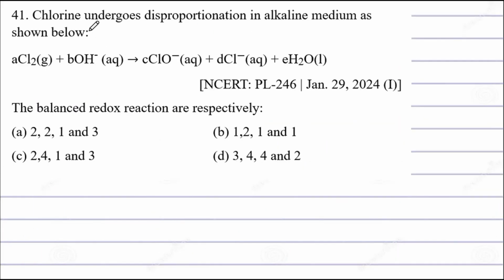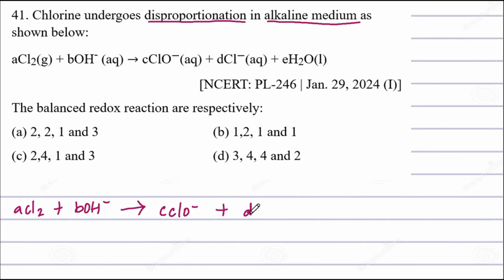Next question is, chlorine undergoes disproportionation in alkaline medium as shown below. aCl2 plus bOH- gives cClO- plus dCl- plus eH2O. The oxidation state of elemental chlorine is 0.